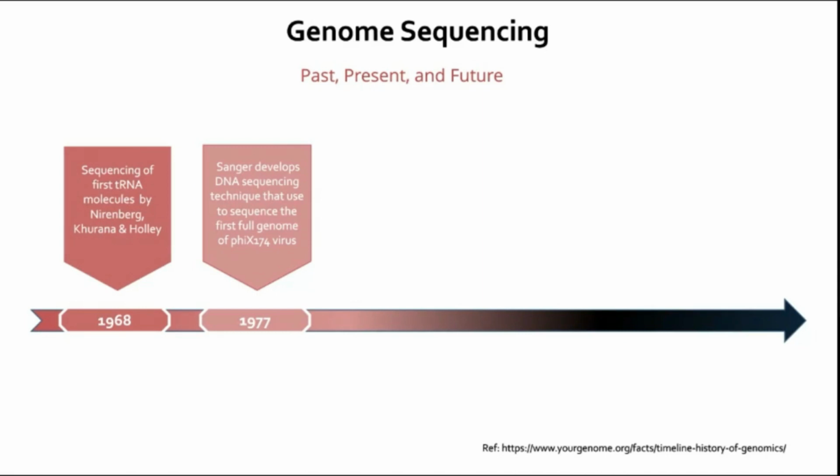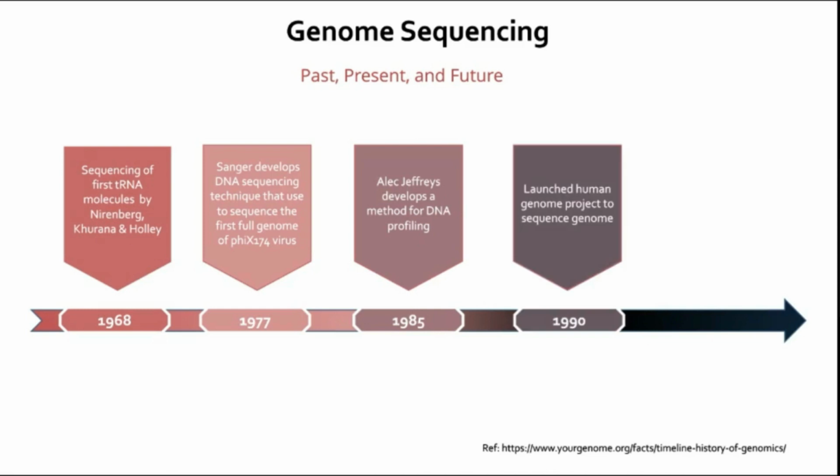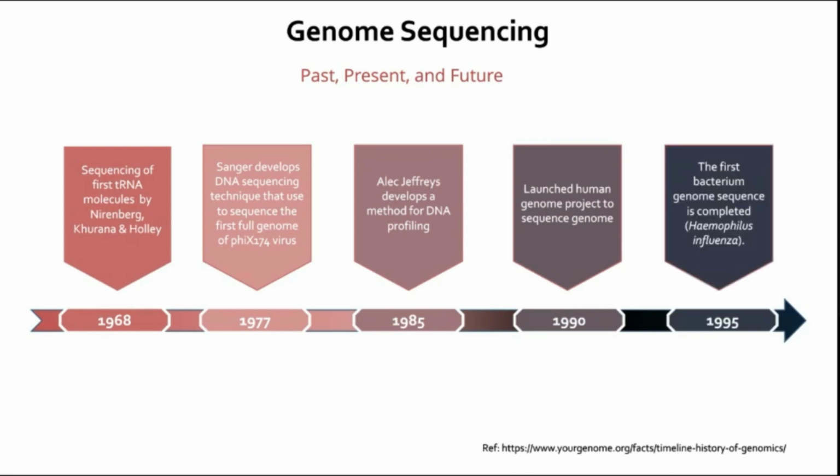They started sequencing at that time, and the full genome of a particular virus was sequenced then. Then a method of DNA profiling was developed in 1985, and in 1990 the human genome project was launched, as is well known.